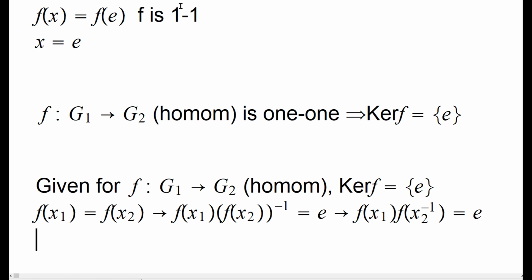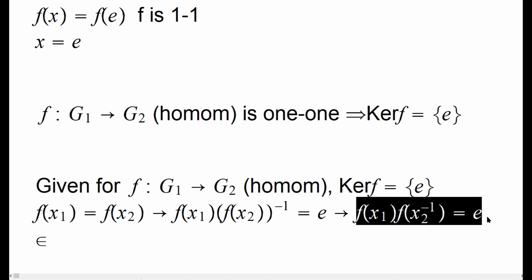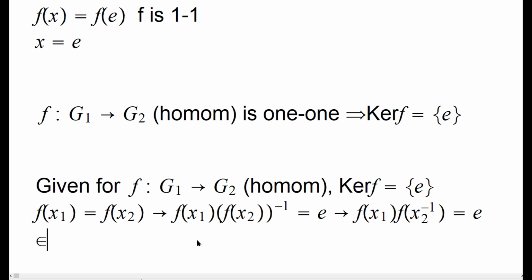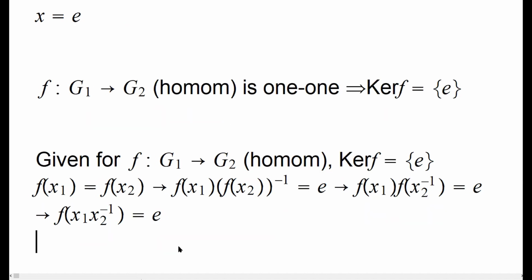Now, what will this imply? That is going to tell us that f of, I took the wrong symbol, I'm so sorry. Here you go. So that will tell us that because of these being homomorphisms, we can combine them as the image of their product, right?